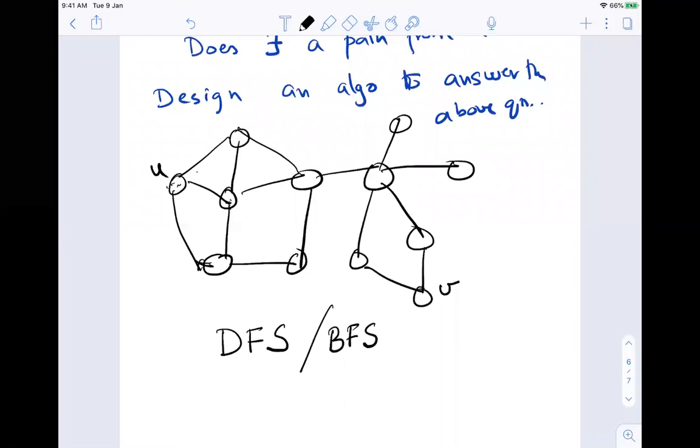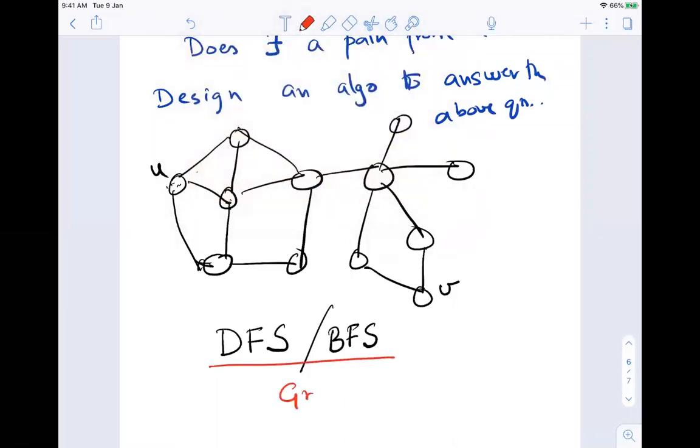So let's see how we can go about it. So these are what are called graph traversal algorithms.